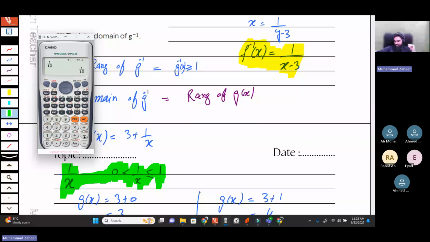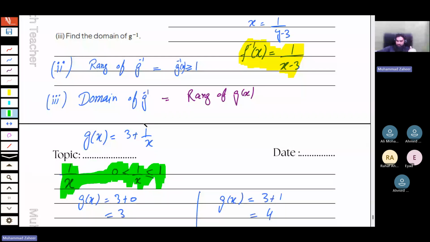If I substitute a bigger value, it is still going to be between 0 and 1. So the minimum value is going to be 0, but look, it is 0.0000 and then 8. So it is going to be very close to 0, but not equal to 0. So this means that the output of this part will lie between 0 and 1.